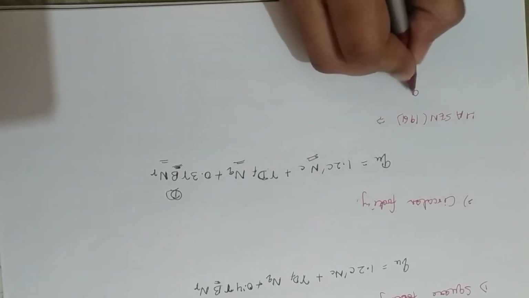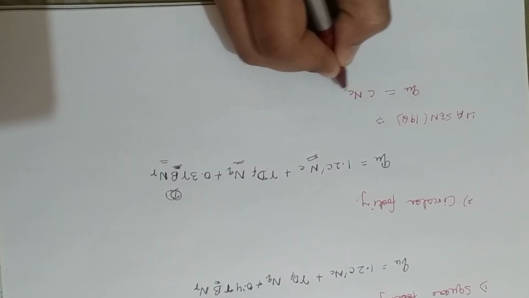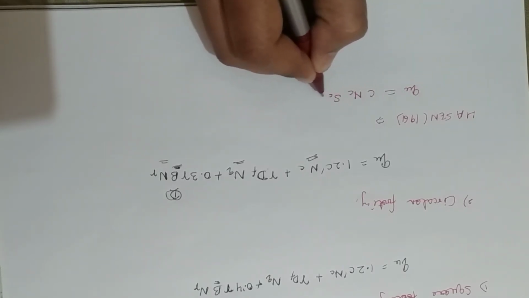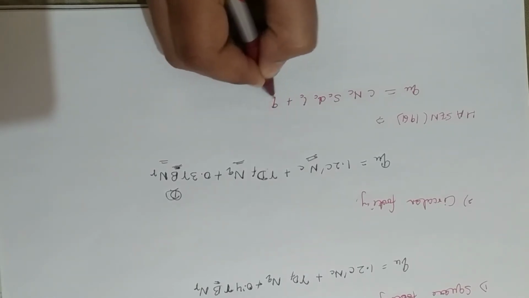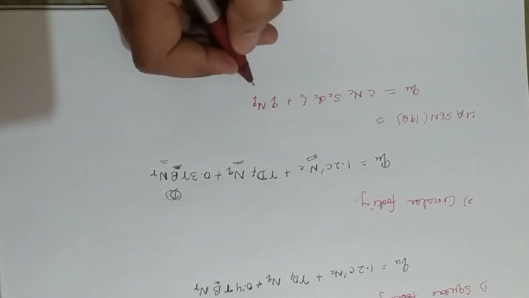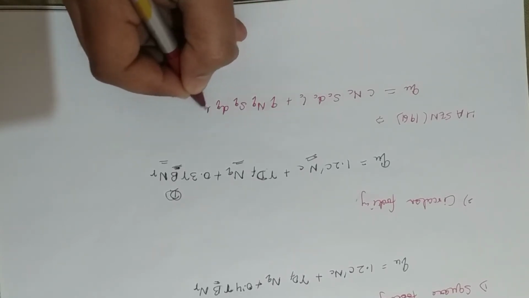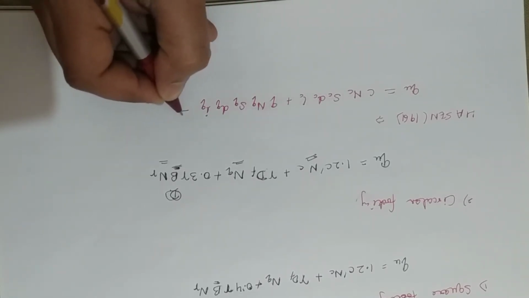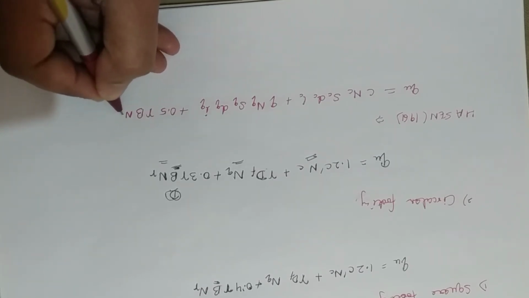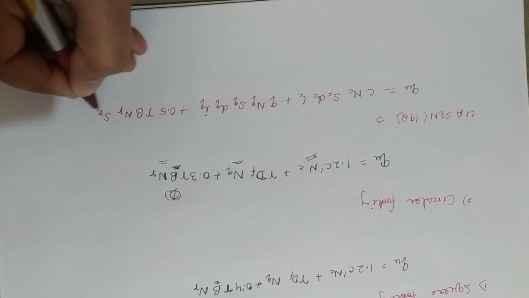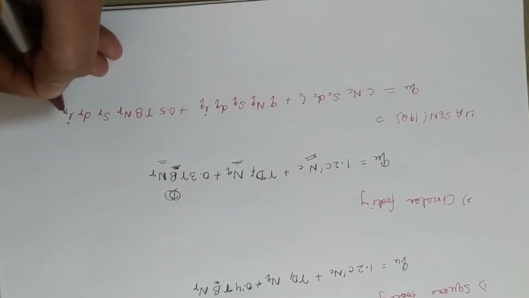According to him, Qu is equal to c' Nc, he added some factors Sc, Dc, Ic, plus the same q Nq, this time Sq, Dq, Iq, plus 0.5 gamma B N gamma, that was the same, this time S gamma, D gamma and I gamma.